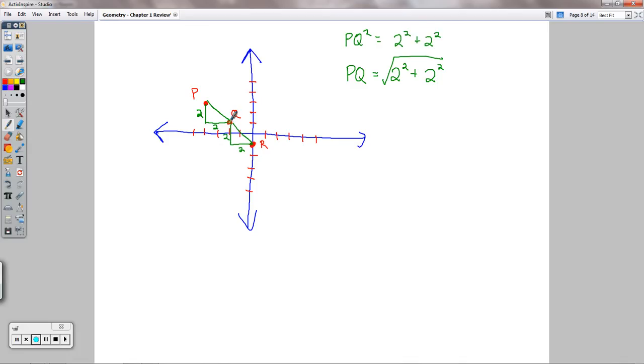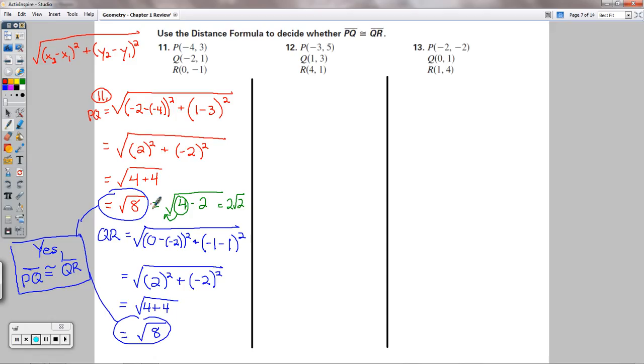The Pythagorean Theorem says the hypotenuse squared equals the sum of the two legs squared. So if you took the square root here and here, this would cancel out. You'd have PQ equal to that, which is the same thing as what I ended up getting over here. So you could use the Pythagorean Theorem to determine this as well.